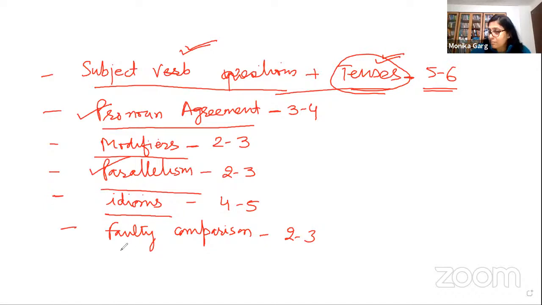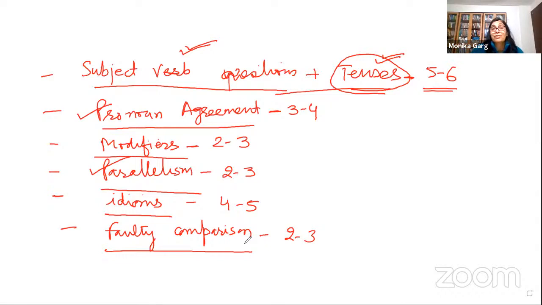Coming to faulty comparison, that's the last category of questions in the grammar section. Faulty comparison is like you're comparing two things, but you're not comparing them in the correct format. You can't compare an adjective with a verb or a noun with an adjective.